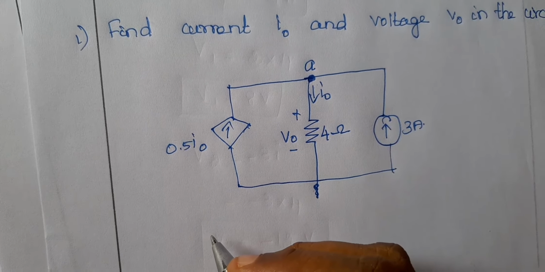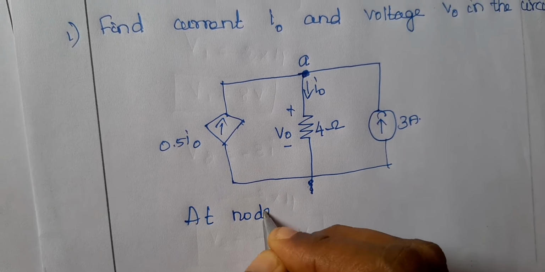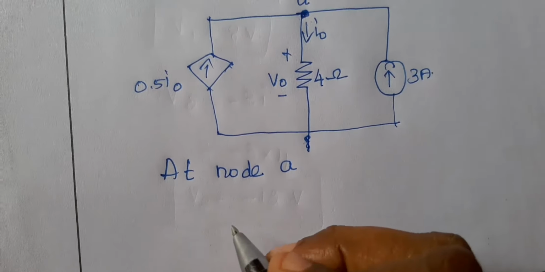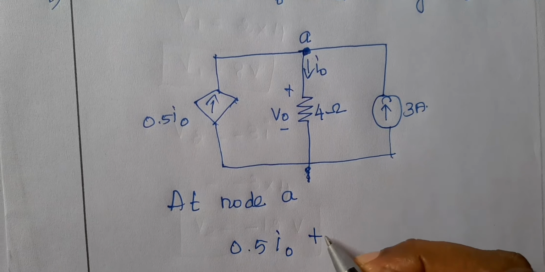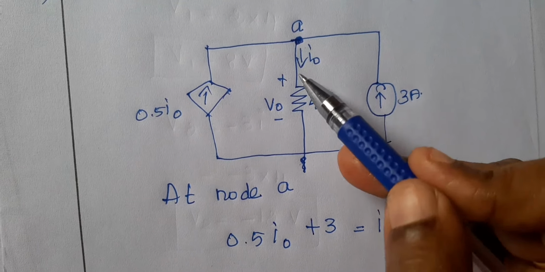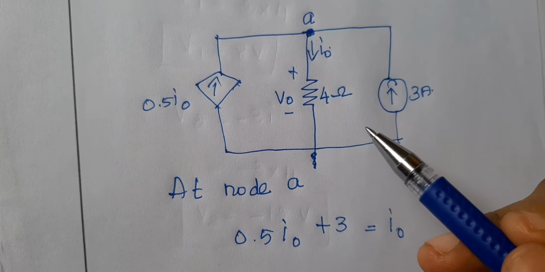So at node A, what are the entering currents? 0.5 I0 is entering, and then 3 is entering. What are the leaving currents? I0 is the leaving current, that is the current across this 4 ohm resistor.